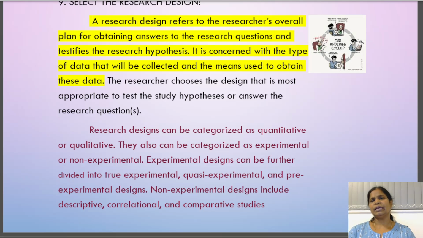There are so many actually. We can go into detail regarding those experimental research designs later. We have non-experimental designs which include descriptive, comparative studies, and relational studies which find the relationship between the variables.